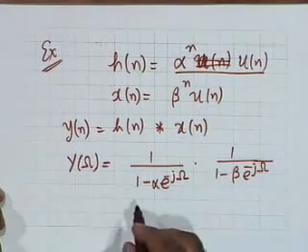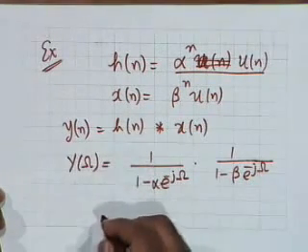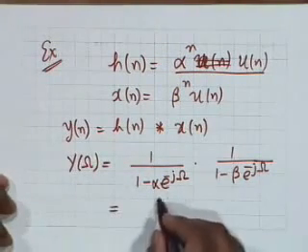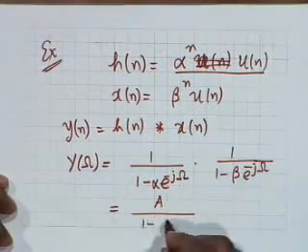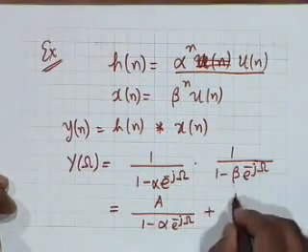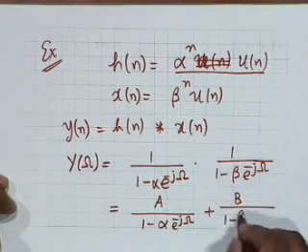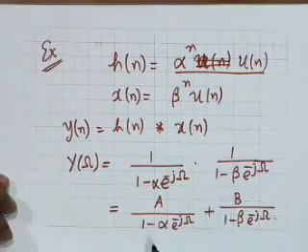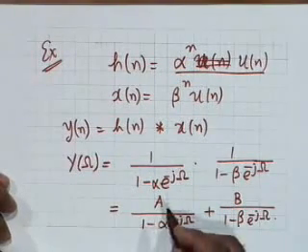All we have to do now is to take the inverse transform of this, and we apply the same kind of trick. That is, we write this as a divided by 1 minus alpha e to the minus j omega plus b divided by 1 minus beta e to the minus j omega. Find out a and b and then invert term by term.